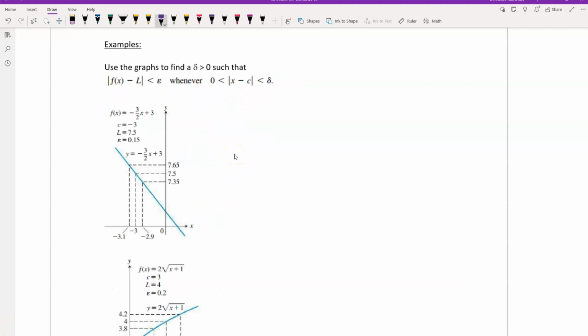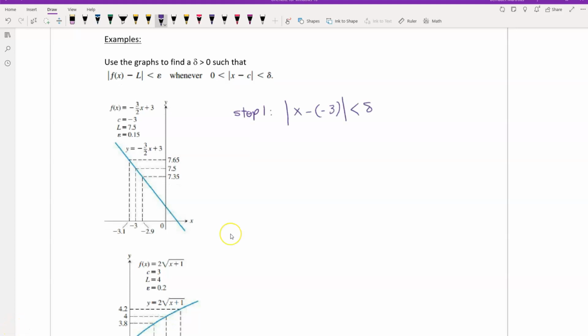Examples: use the graph to find delta greater than 0 such that absolute value of f of x minus L is less than epsilon whenever absolute value of x minus c is between 0 and delta. So the first step is to find the interval, absolute value of x minus c less than delta.